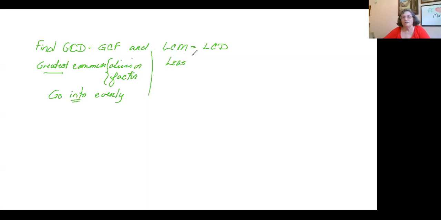Your least common multiple or your least common denominator, if it happens to be something you're going to put in the bottom of a fraction. Don't look at least so much as look at these.